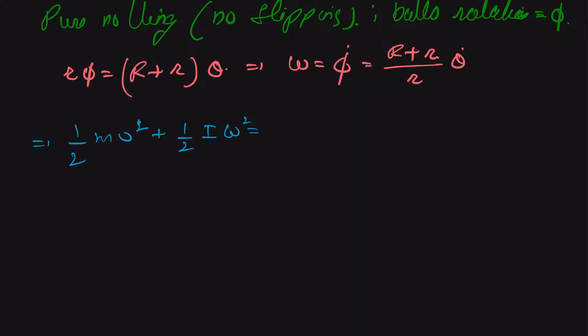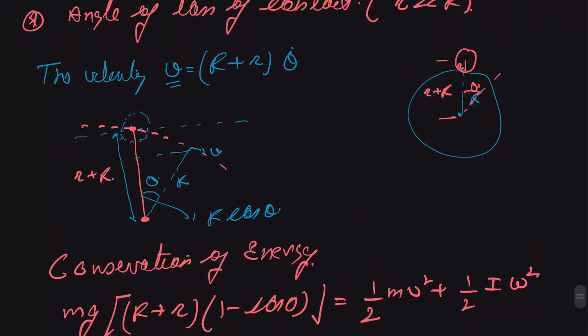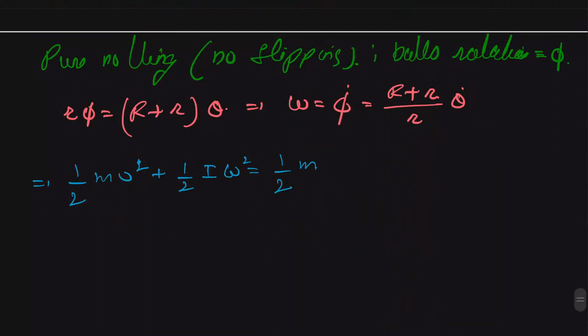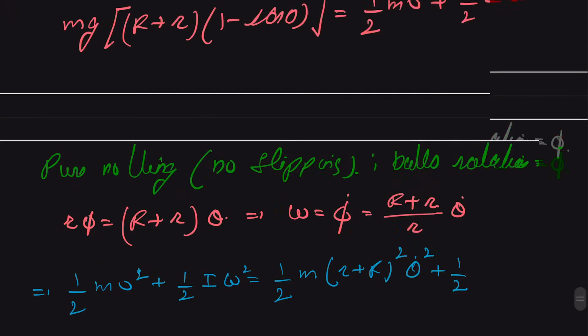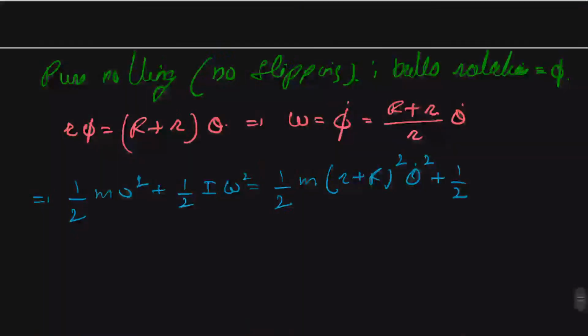Here v is (R + r) theta first derivative, so we get this as (R + r) whole square theta first derivative, plus 1 by 2 times the moment of inertia I, which is given to us as beta m r square.